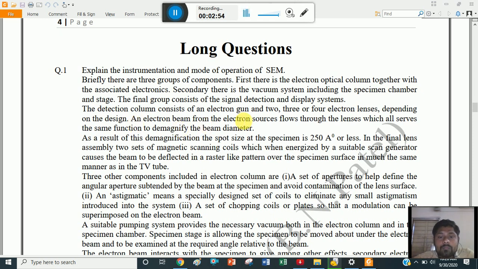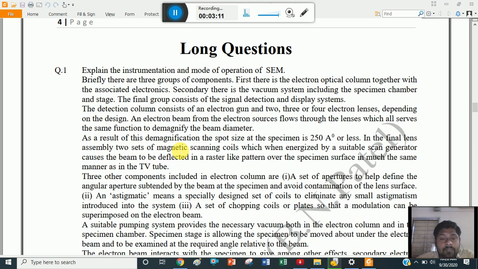The electron beam from the electron source flows through the lenses, which all serve the same function: to demagnify the beam diameter. As a result of this demagnification, the spot size at the specimen is 250 angstrom or less.